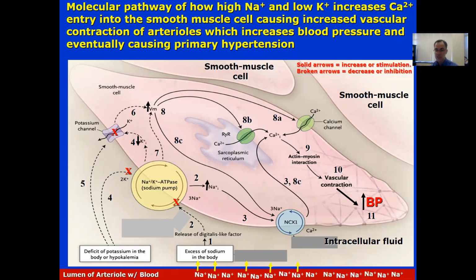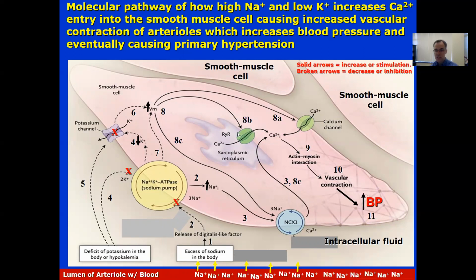The first of which is it's going to activate these voltage-gated calcium channels, and calcium is going to move from the intracellular fluid and move its way into the vascular smooth muscle cell. At the same time, you have these ryanodine receptor calcium channels that are on the sarcoplasmic reticulum. And the sarcoplasmic reticulum is a storage organelle for calcium, and it basically soaks up and stores any calcium inside the vascular smooth muscle cell and keeps it out of the rest of the cell itself.